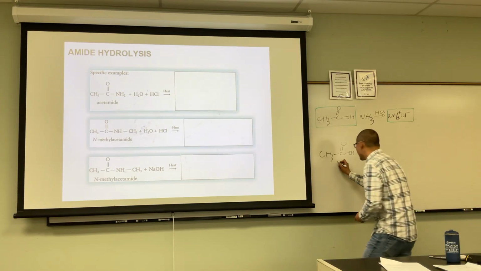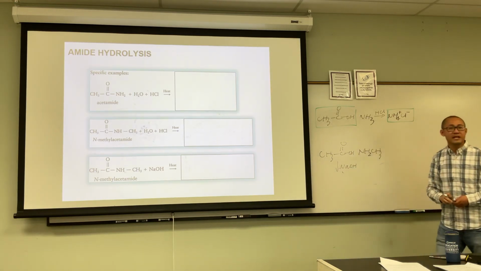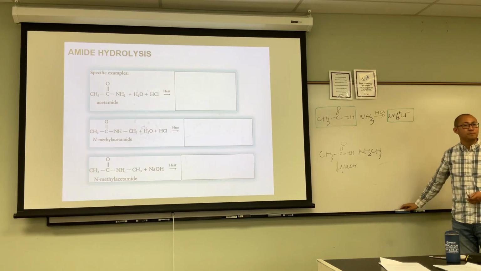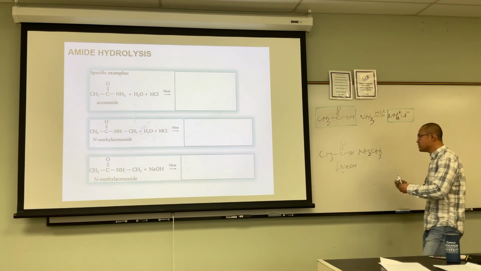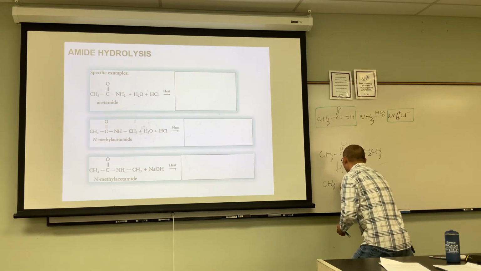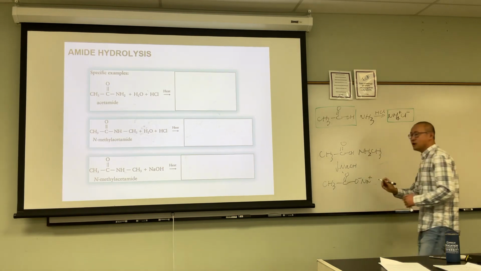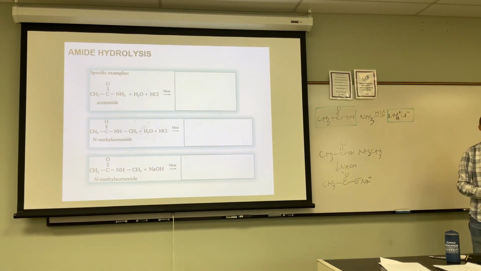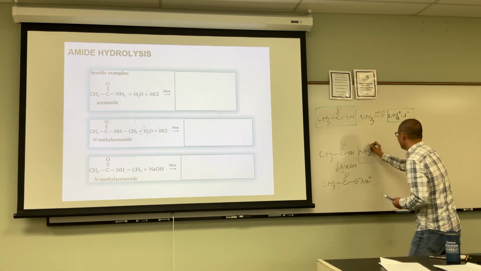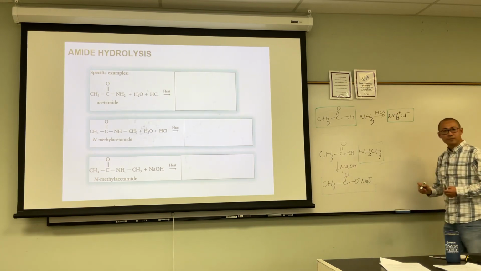So only the acid will react with the base to convert CH3COOH to what? CH3COO minus Na plus. So your products are these two.